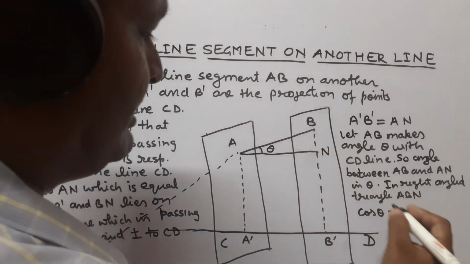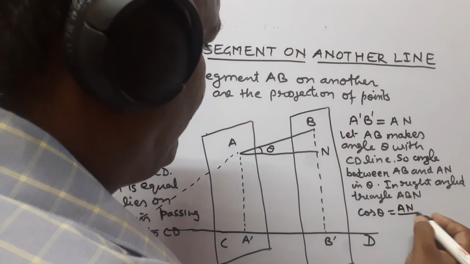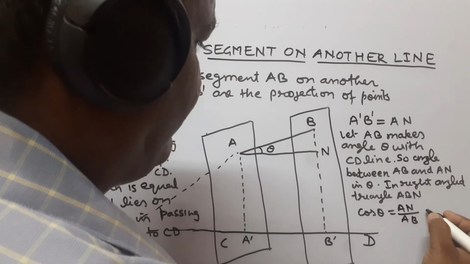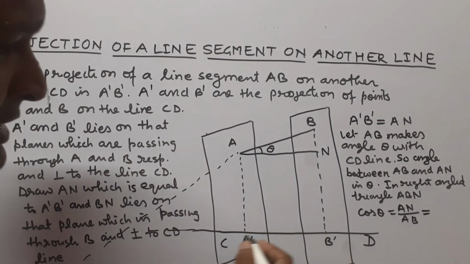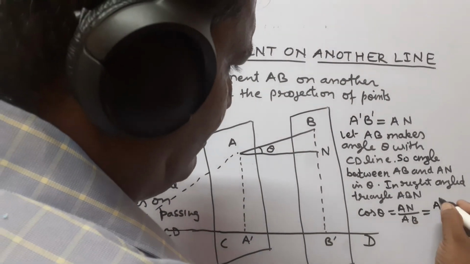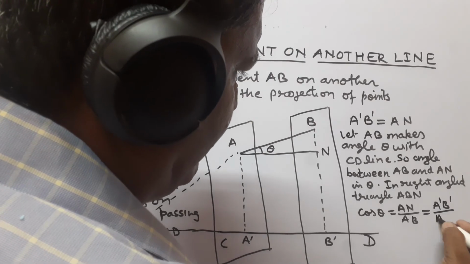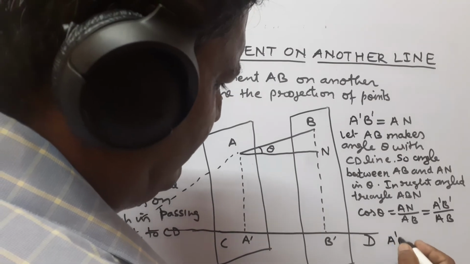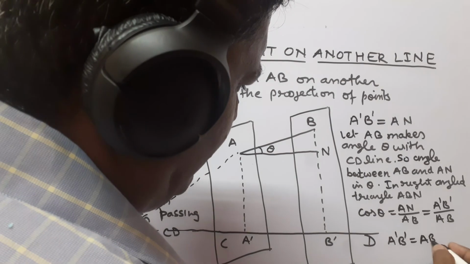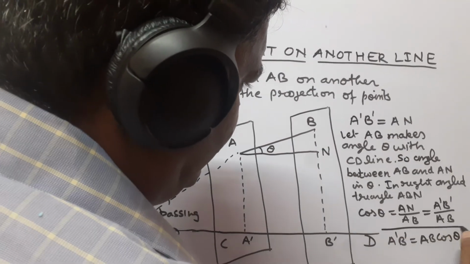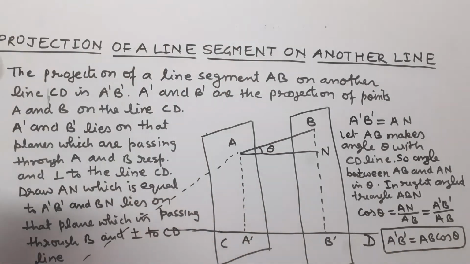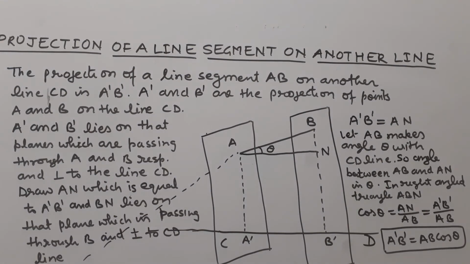Base is AN and hypotenuse is AB, and AN is equal to A dash B dash. So cos theta is A dash B dash upon AB. So A dash B dash is equal to AB cos theta. So this is the projection of line segment AB on another line CD.